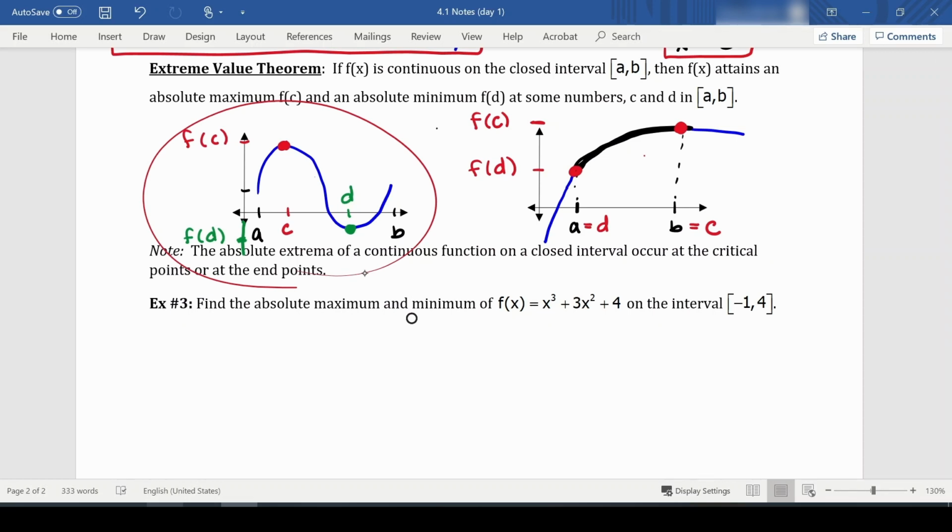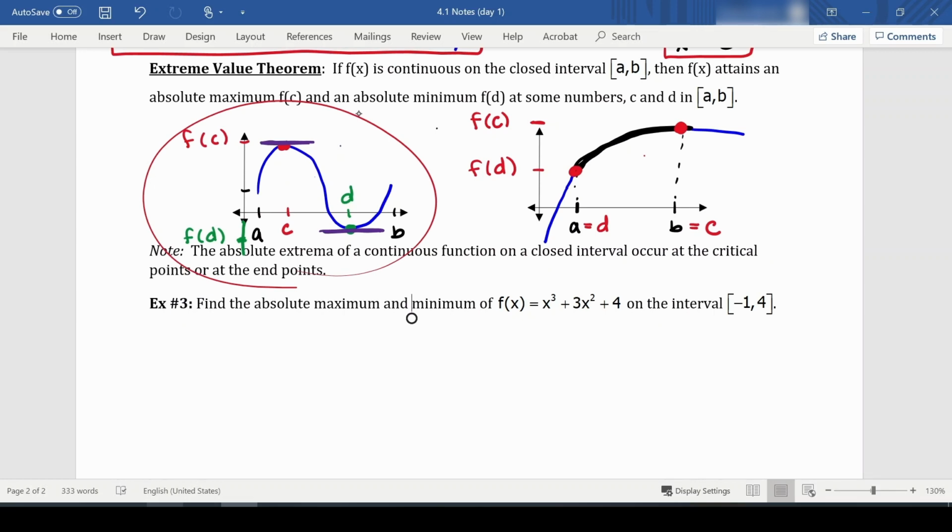If I think about my tangent lines here, in my first example, if I drew a tangent line at c, it would be horizontal and its slope would be 0. At d, it would be horizontal and its slope would be 0. Therefore, my f prime would be 0. So what I'm really looking for using my extreme value theorem is critical points or endpoints.